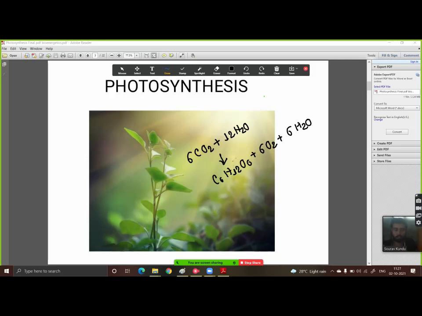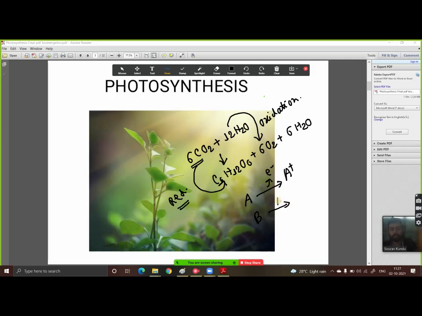Now, to understand the redox reaction, we need to see where oxidation and where reduction occur. In examinations it is asked: from here to here, reduction is occurring, and from here to here, oxidation is occurring. Suppose an element releases its electron and becomes positive, then it is known as oxidation.